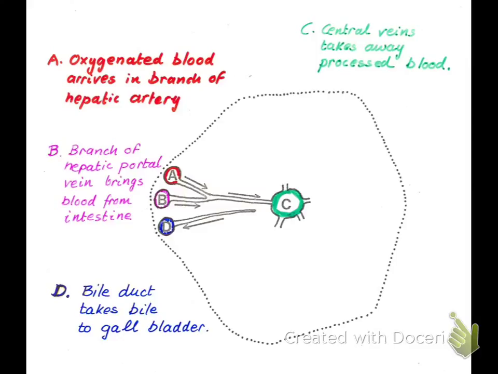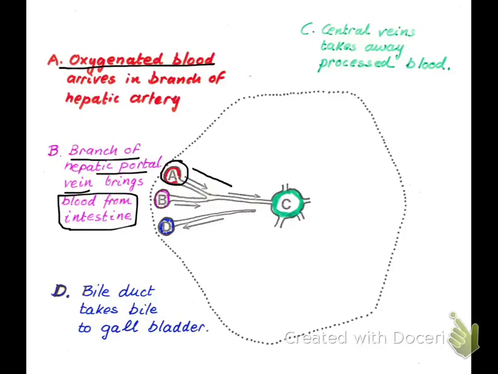Okay, let's give you another good graph. Here it is. A is the hepatic artery, and it carries oxygenated blood, okay, in that way. B is the hepatic portal vein, and it carries blood from the intestine.